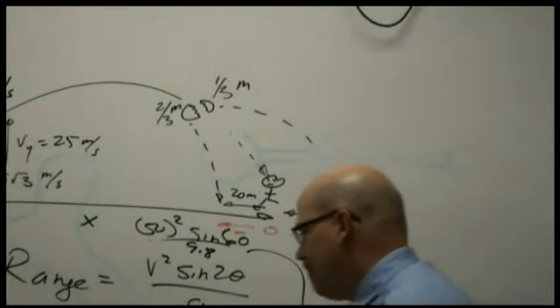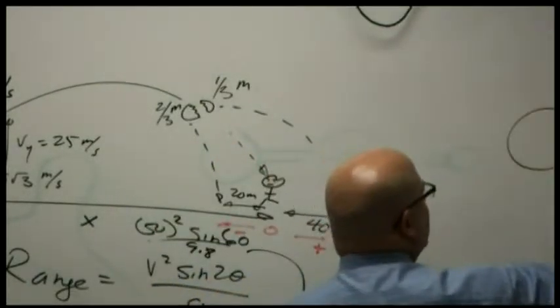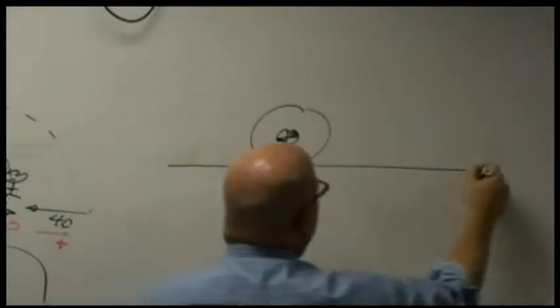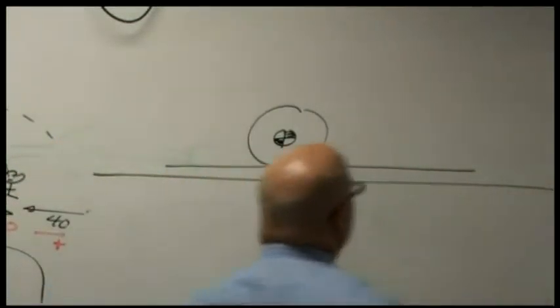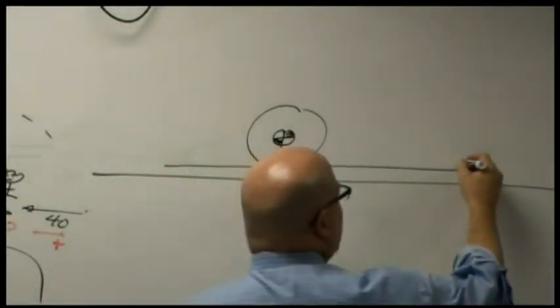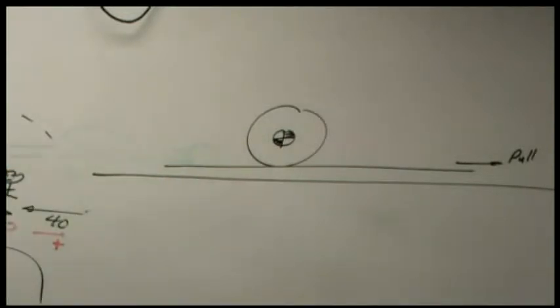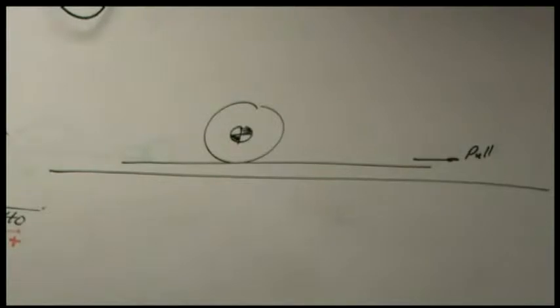If we're talking forces, let's say we have an object on a piece of paper, sitting on a table, and you pull the paper that way. Now this object obviously can roll. So what's the object going to do?